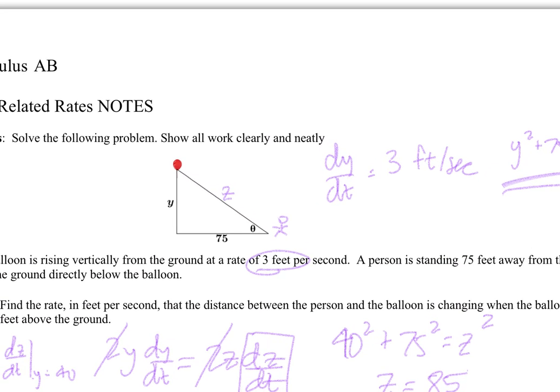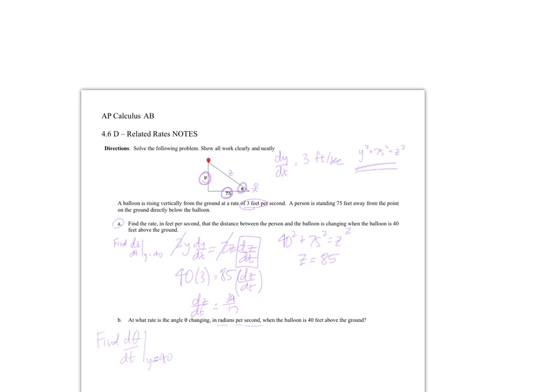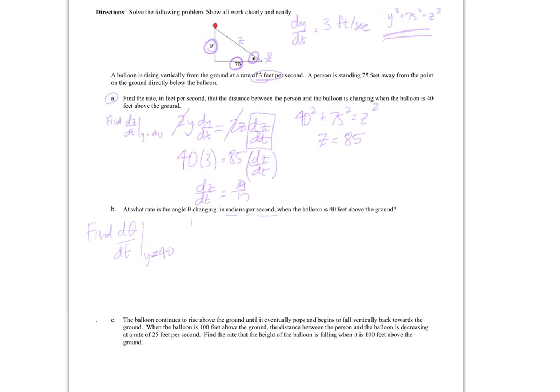Let me look at this thing really quick. I need an equation that involves theta and y. And the only other number that I have is this 75. So that means I'm going to be using tangent. It's opposite over adjacent. So the tangent of theta is y over 75.